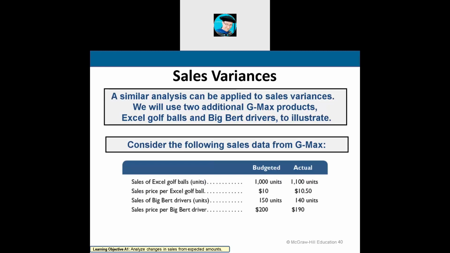I sold each golf ball for $10.50 when normally I sell them for $10. I sold a few less golf clubs. I sold 10 less golf clubs than I expected to sell. And my sales price for golf clubs was $10 less than I expected.